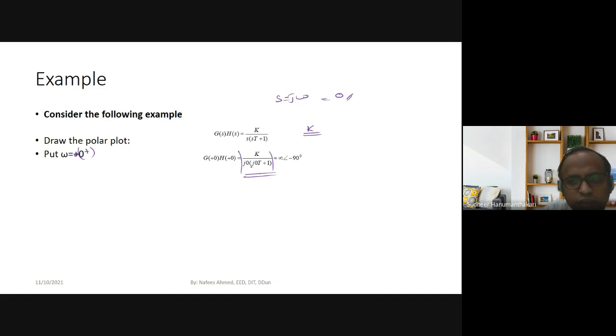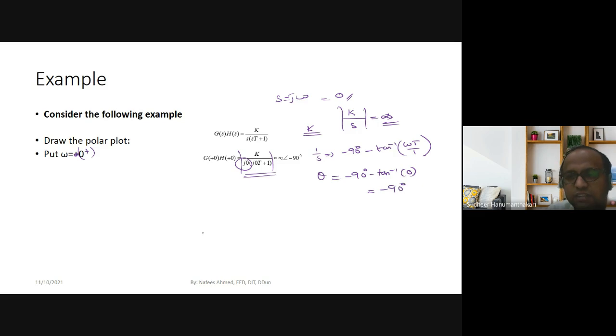Because of K by S, the magnitude will become infinity, and the phase angle is, what is the complete phase angle? 1 by S will contribute minus 90 degrees, minus tan inverse of omega T by 1. So total theta is minus 90 degrees minus tan inverse of 0, that is minus 90 degrees. So it is infinity at minus 90 degrees.